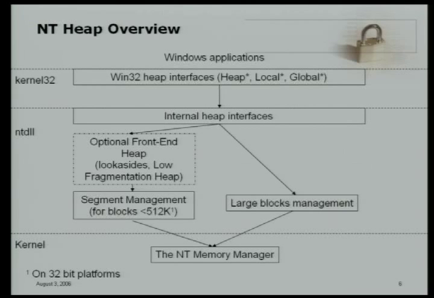We may have an optional front-end heap, examples being the low fragmentation heap or the look-aside heap. And every single block that is over 512K, which is the virtual threshold on 32-bit machines, is just a direct call to VirtualAlloc. The heap manager just keeps track of its allocations in order to release the memory when the heap is destroyed.